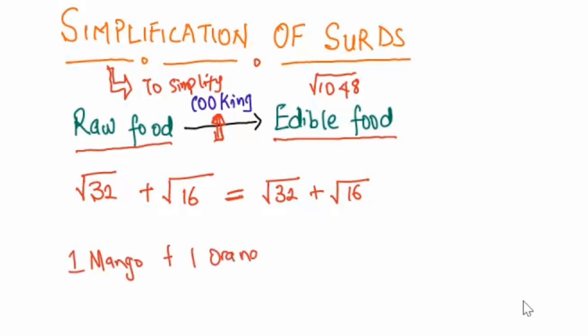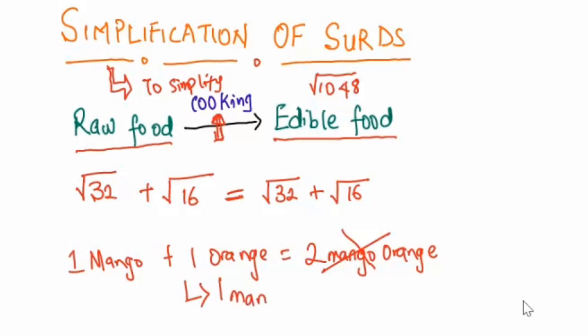It is not possible for me to add them together and say 2 mango orange. So such a thing does not exist. So in this case, my answer to this question will still be 1 mango plus 1 orange. So if you see surds that are different, you just simply write the question as the answer because you can't add them together.